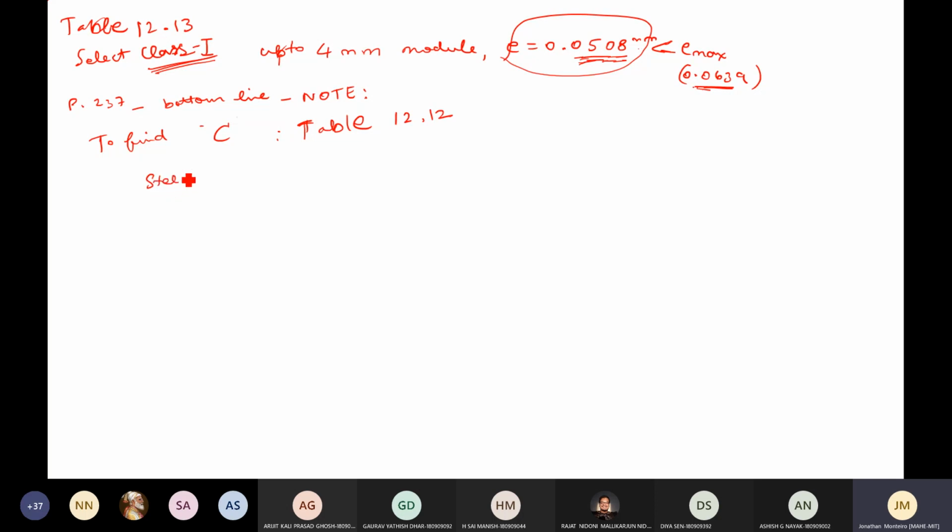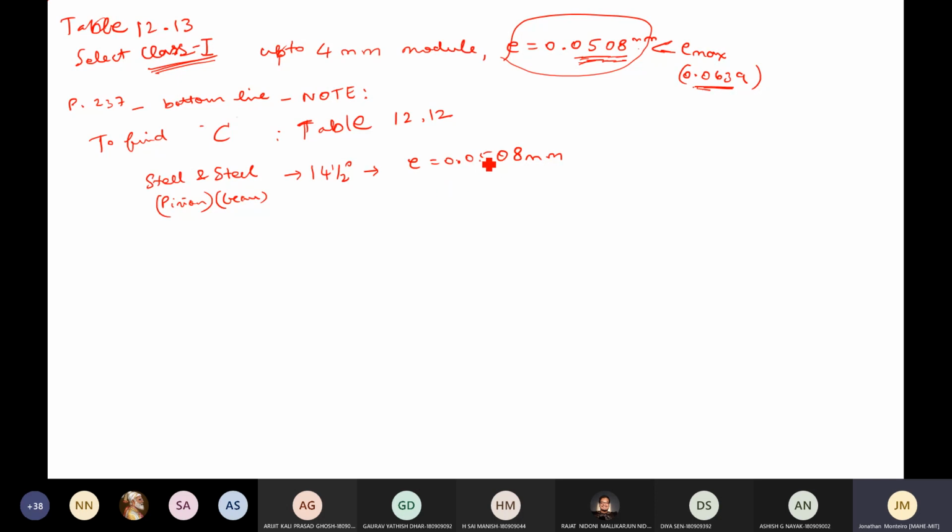So the combination is steel and steel, that is, the pinion is made of steel and the gear is also made of steel. What about the tooth form? 14.5 degree full depth. What about the error? Error is 0.0508.